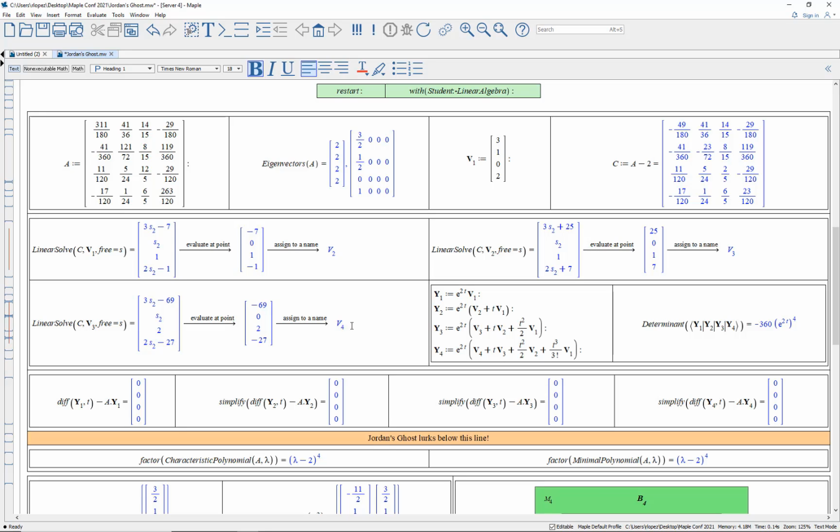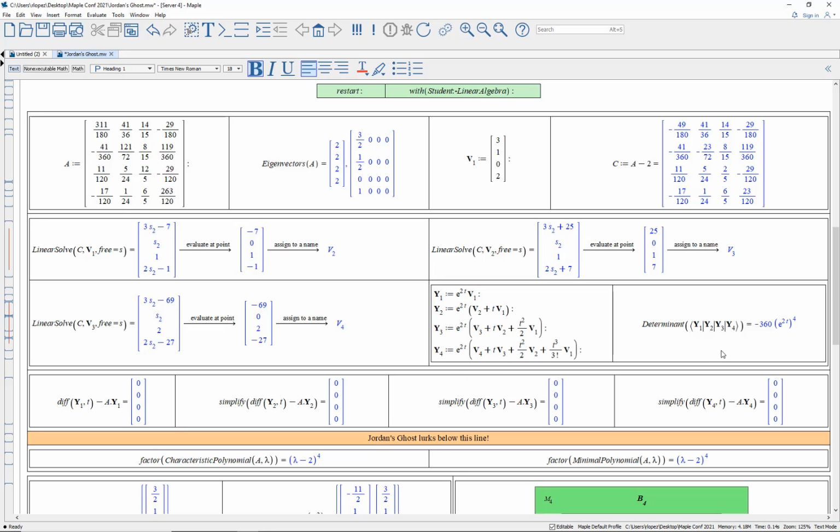Do I get 4 solutions out of this process? Here's the first solution, e to the 2t v1. Then you have e to the 2t, and you have this combination. Here's the first generalized eigenvector, t times the eigenvector itself. Once more, you've got the generalized eigenvector v3: e to the 2t, v3, t v2, t squared over 2 v1, and the pattern continues with y4.